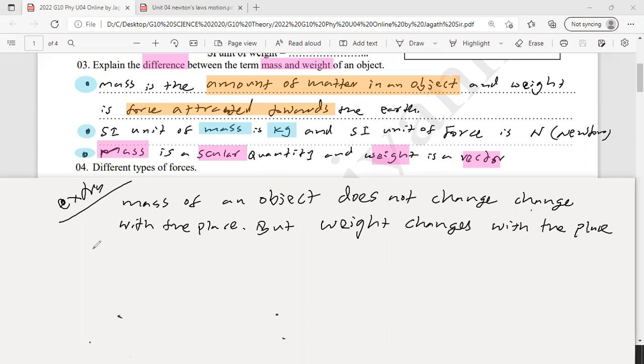So you can write an example. For example, weight of a man of mass 60 kilogram on the earth.